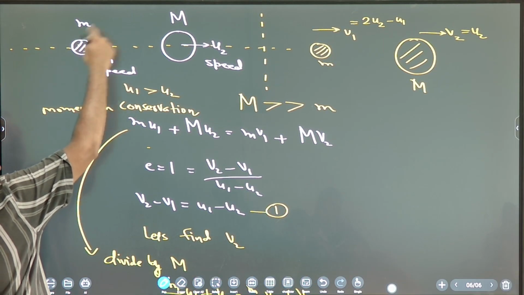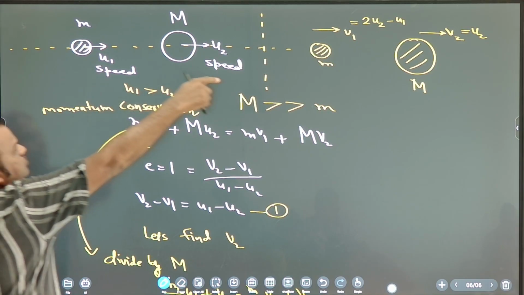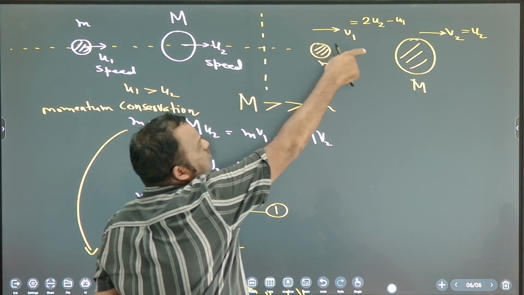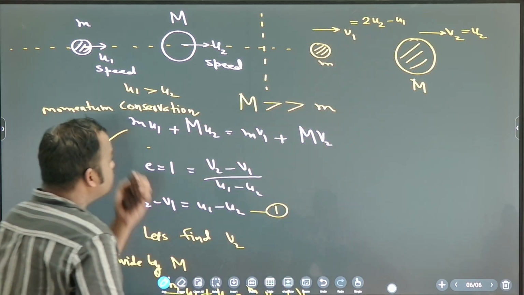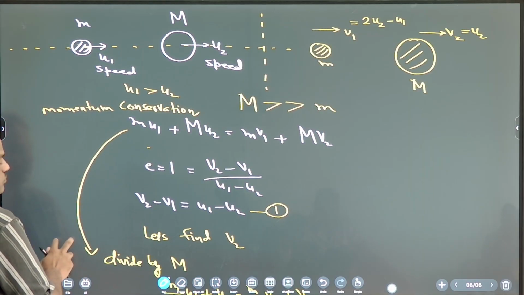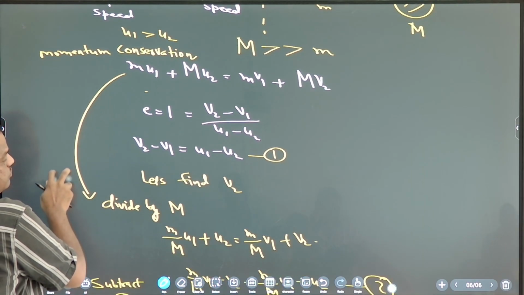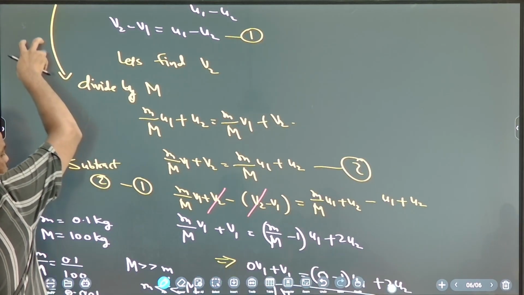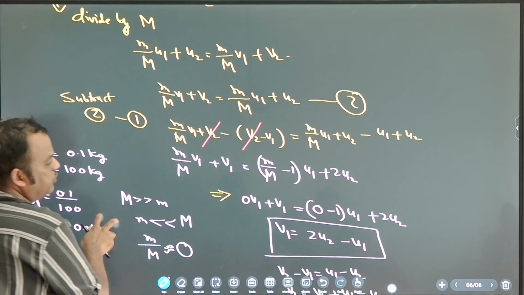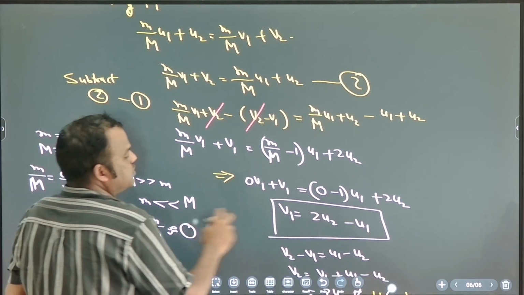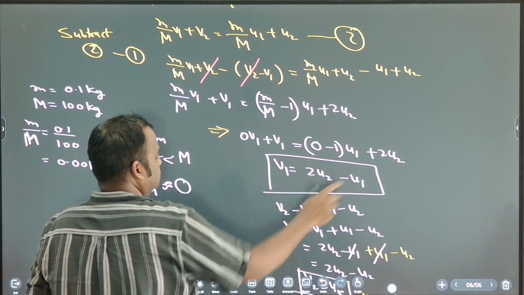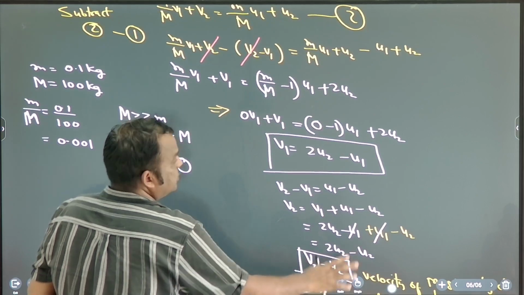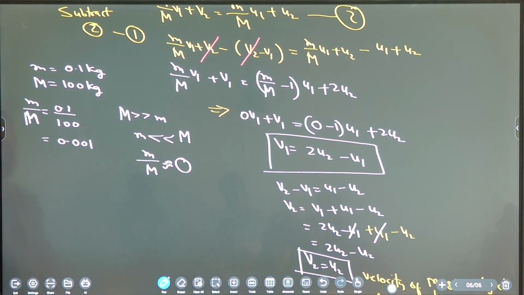So very light and very massive: U1, U2. This is 2U2 minus U1 and this is U2. Okay, note down. V1 is equal to 2U2 minus U1 and V2 is equal to U2.